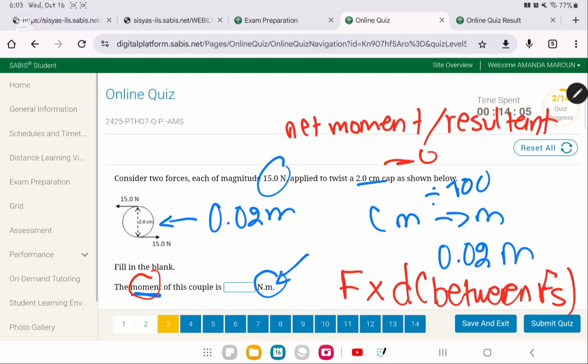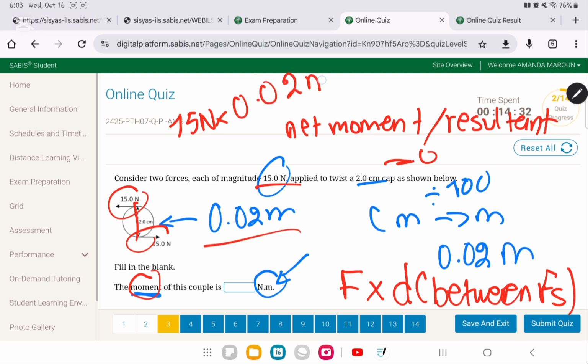So what's our force? Our force is 15 newtons multiplied by the distance between this force over here and this force over here, which is 0.02 meters. So 15 newtons multiplied by 0.02 meters, you will get 0.3 newton meters.